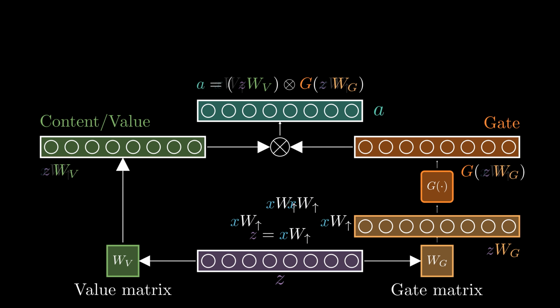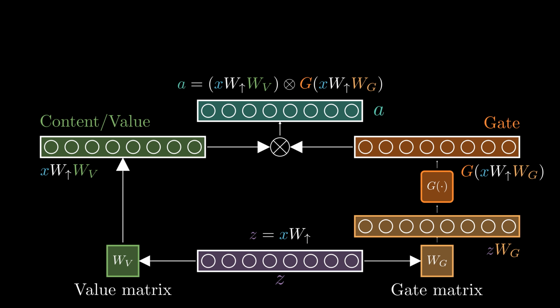We can thus express both the content and gate vectors in terms of the input vector X. In other words, content and gate are each computed from Z equals X times WUP, the same pre-activation we started with. Here, both the content and gate matrices are applied immediately after the initial up projection matrix WUP.